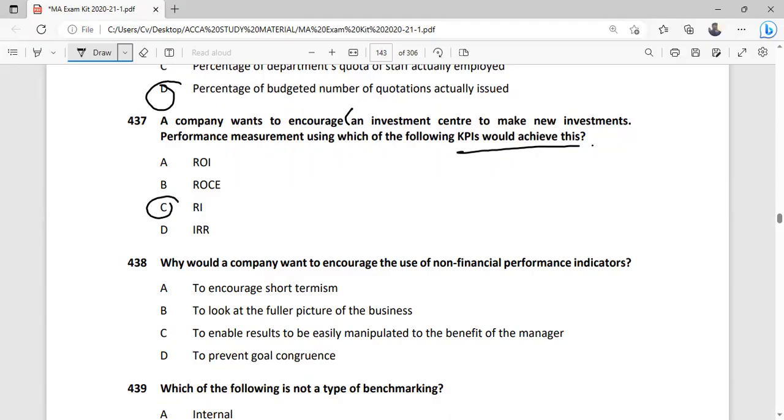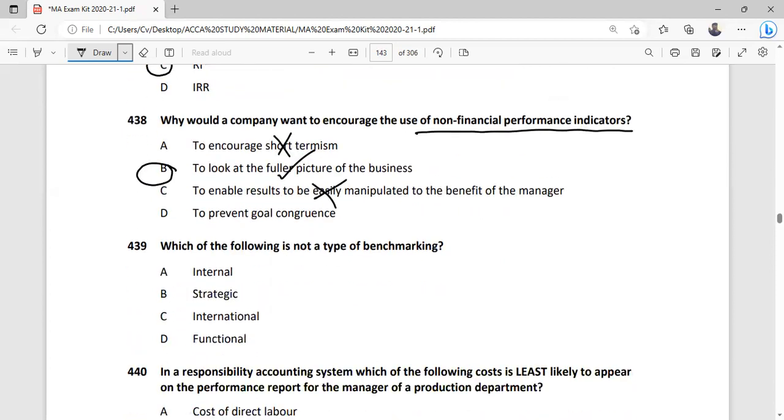Why would a company want to encourage the use of non-financial performance indicators? To encourage short-termism? No, it focuses on long-termism. To look at a fuller picture of the business? Yes. So B is the right answer. To enable results to be easily manipulated? Non-financial information is not easily manipulated. To prevent goal congruence is not the objective of non-financial indicators.